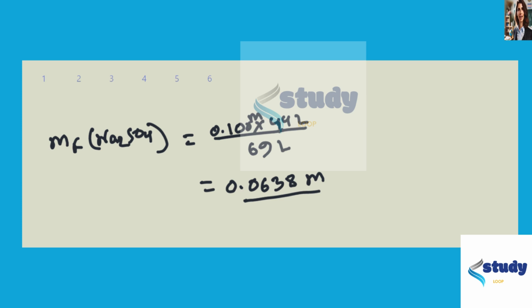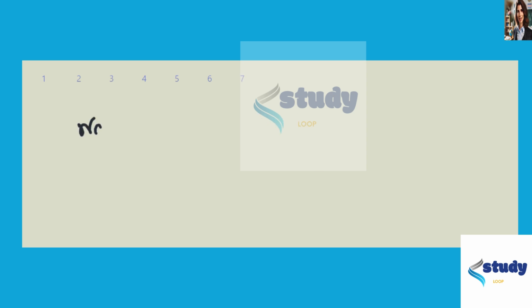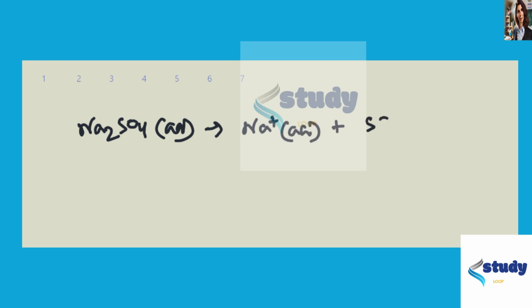Now we have to see how Na2SO4 will be dissociated. It will be dissociated as Na plus and SO4 2 minus. Now if you want to balance it, we have 2 sodium here, that means we will have 2 sodium ions here.